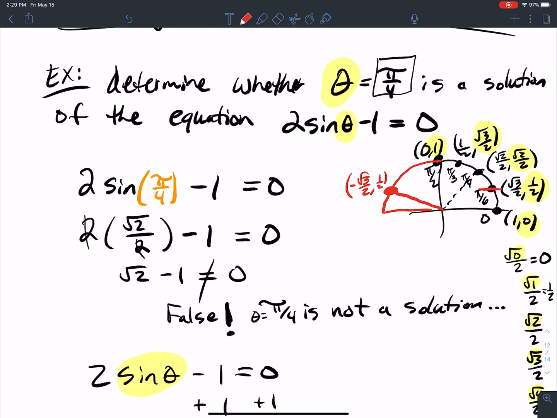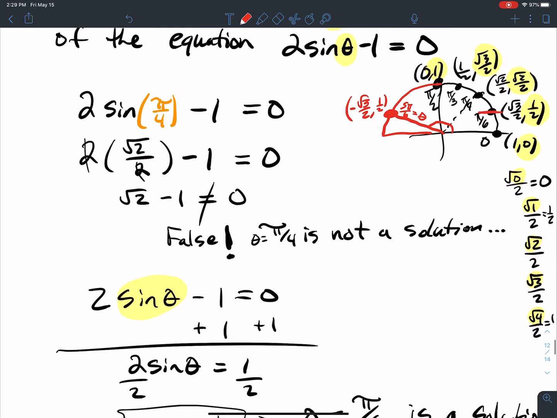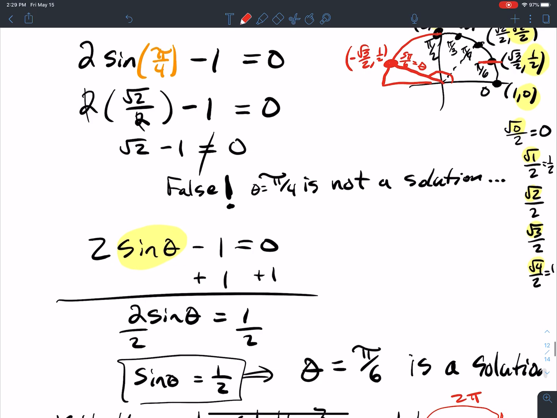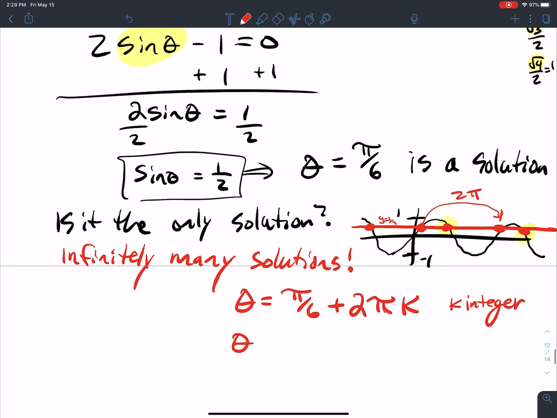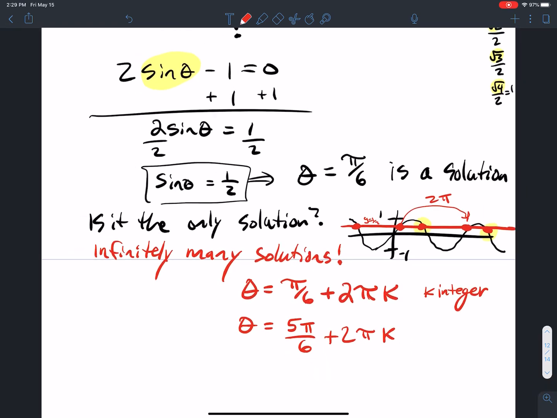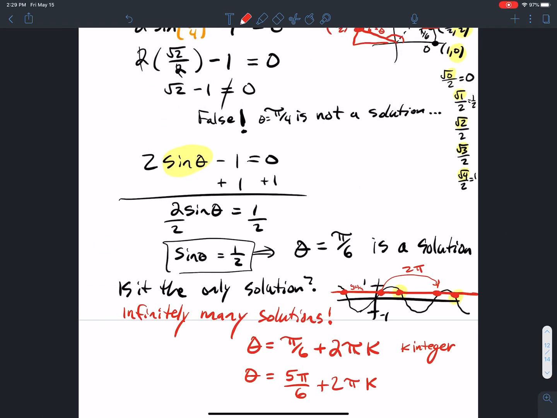So there is another way to get it, theta equal to 5 pi over 6 over there, okay? So theta equals 5 pi over 6 plus 2 pi k is all of those other solutions, okay? So a lot of solutions, infinitely many, right?